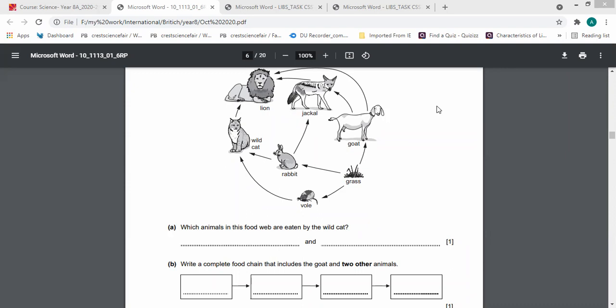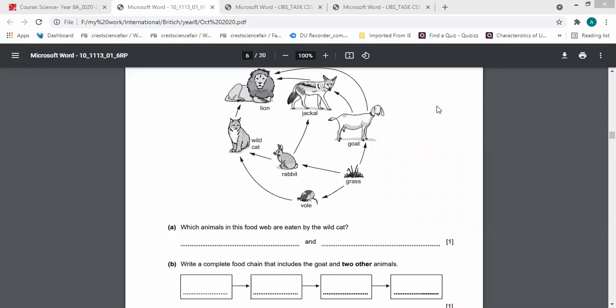All of these three answers are accepted, but you must explain what will happen to the number of the rabbits, increase, decrease, or stay the same, and then explain your answer. If you say decrease, you must explain because the wild cat will eat more of them. If you say increase, you must explain there is more source of food, grass or plants to eat.